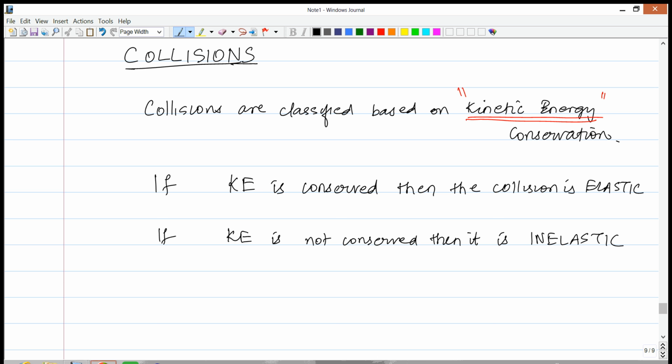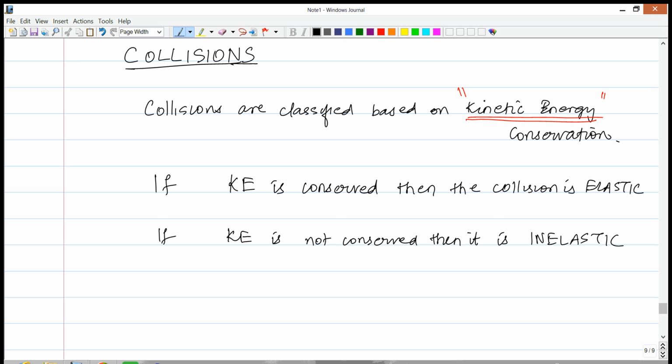So we'll study inelastic collision first. It's a little easier to deal with. Elastic collision is a little involved. There's a lot of calculations involved in it. So let us focus on inelastic collision. In fact, we've already looked at a couple of inelastic collisions. The two problems with the two people pushing each other off, and also the problem with the ballistic pendulum, are both examples of an inelastic collision.